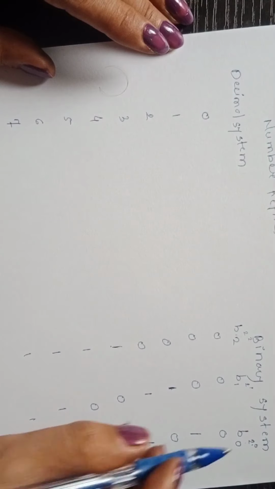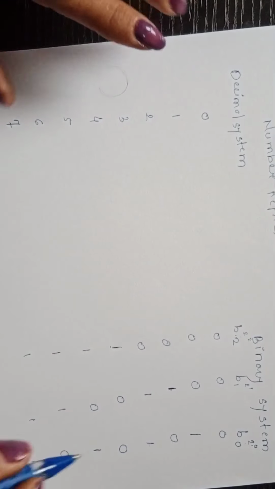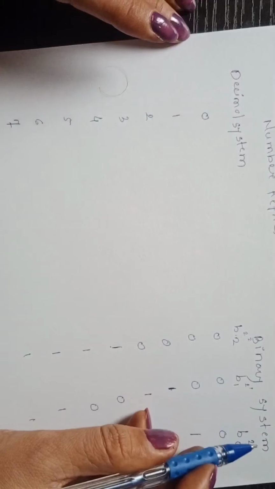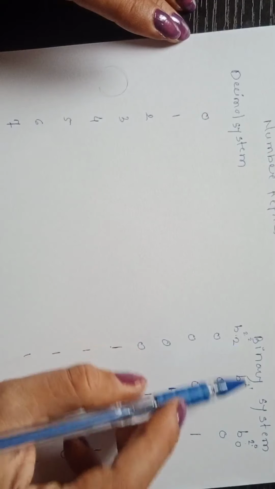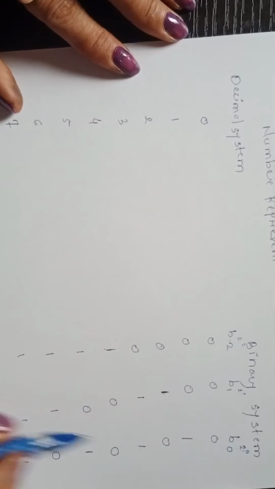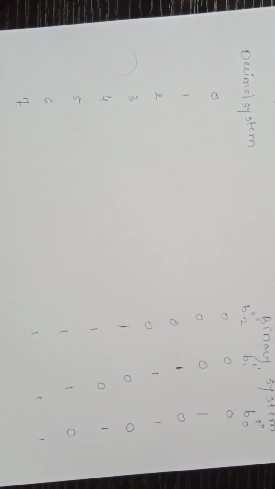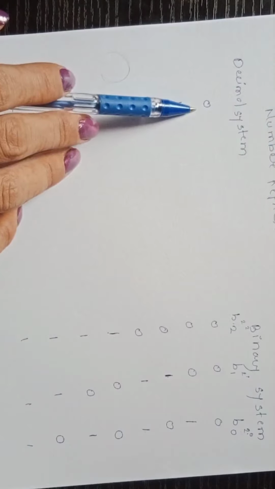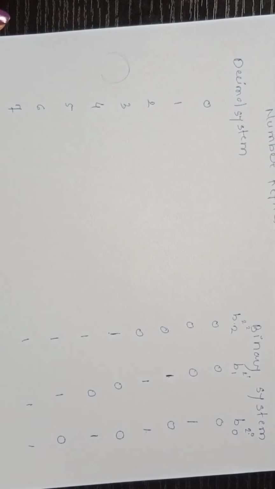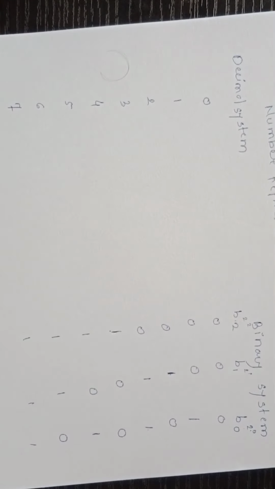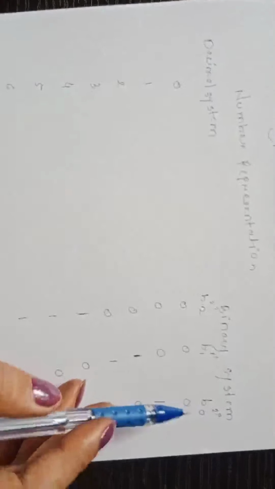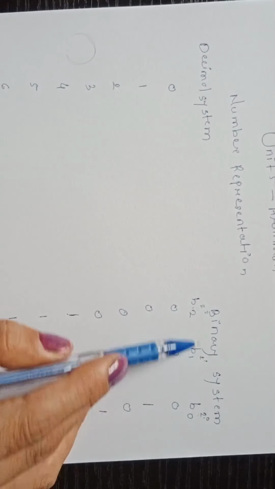That means 2 to the power 0 is 1, 2 to the power 1 is 2, that makes 3, 2 to the power 2 is 4, 3 plus 4 is 7. Okay, this is about the conversion of a decimal number into binary representation. Now you can write the binary representation for any number by using these powers of two.